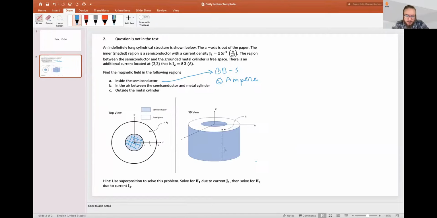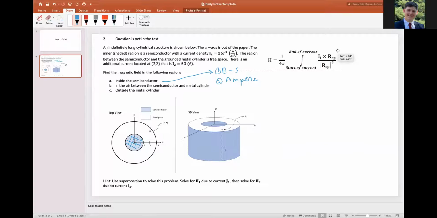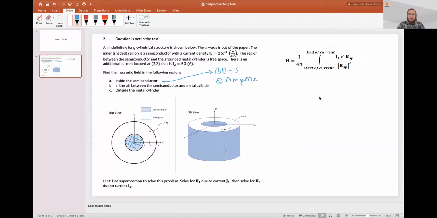How about this, another little hint. This is how we find the H field with Biot-Savart. Or we can use the other relationship, where we had this. Does this look correct?